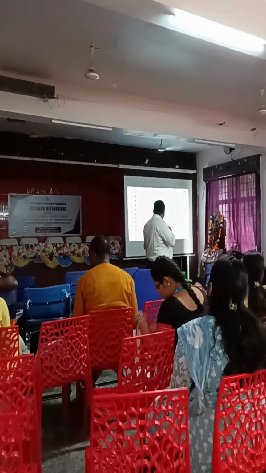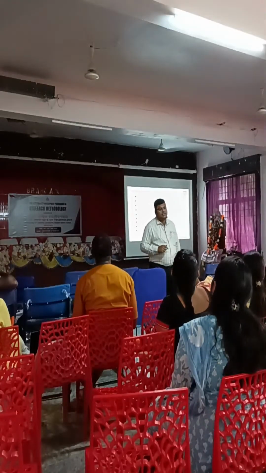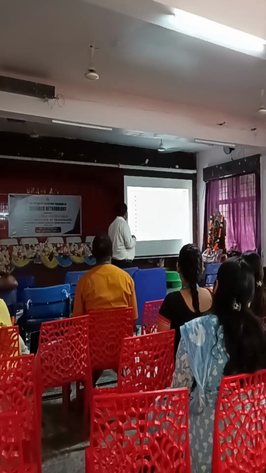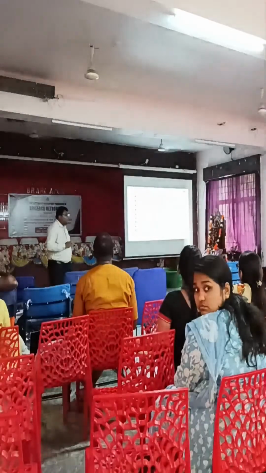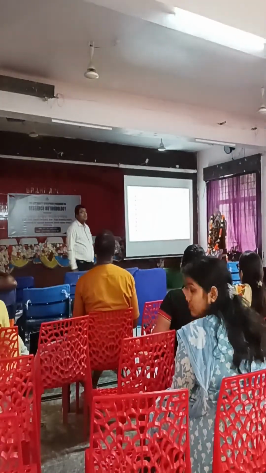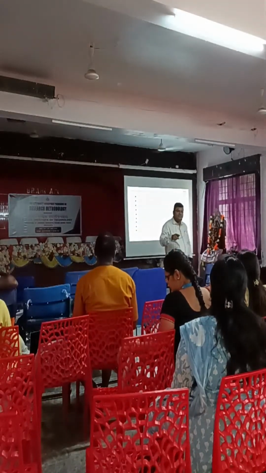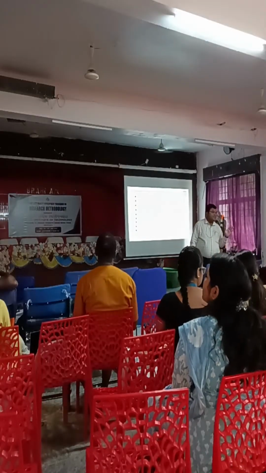So there are 1, 2, 3, 4, 5, 6, 7, 8, 9. There are 9 elements. These 9 elements you can carefully see. These 9 elements are the core elements of manuscript preparation. When you prepare a manuscript, you have to take these 9 elements as a checklist, to check whether in my manuscript these 9 elements are there or not.